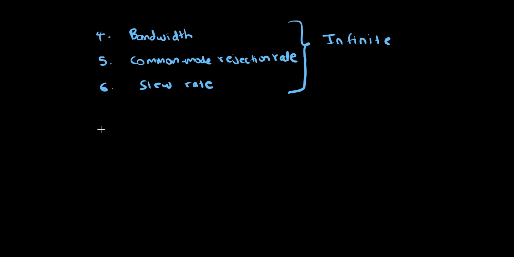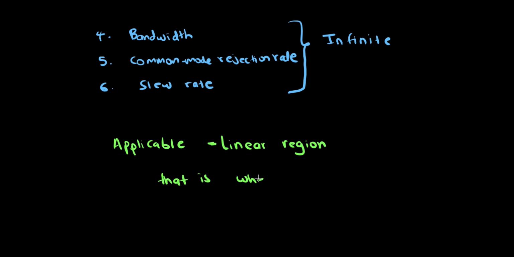And one very important thing that you should know about operational amplifiers is that all these rules, all these properties, are applicable only when the operational amplifier is operating in the linear region, right?